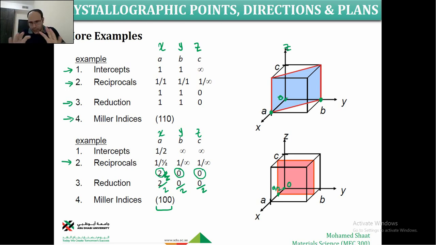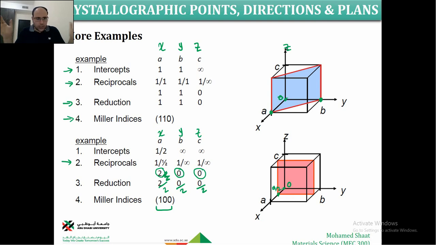It is wrong. This is because this is a standard approach, the standard method of how we define or represent the crystallographic planes in crystal systems. So we have to stick to it, which means we have to do the reduction. 2, 0, 0 is not a crystallographic plane for this case. There is no crystallographic plane with 2, 0, 0.